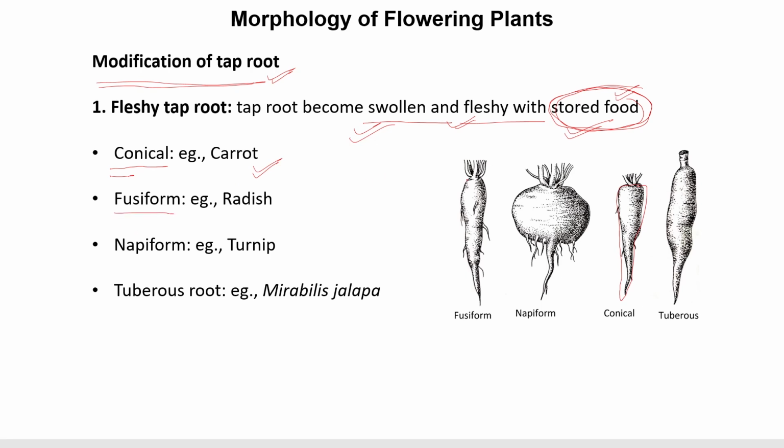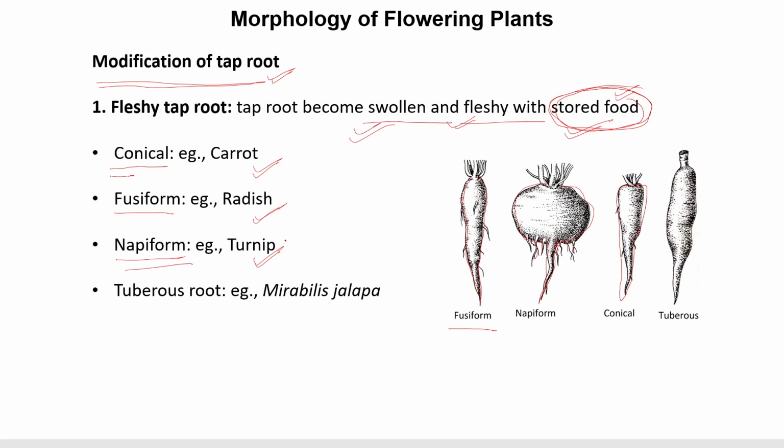Fusiform. It is not a cone shape, but here it tapers like this, swollen, and again it tapers at the pointed end. So this is a fusiform. Example is radish. Next is napiform. Napiform is found in turnip. So here you can see swollen and then it tapers like a tail, and it also has certain branching. So this is found in turnip.